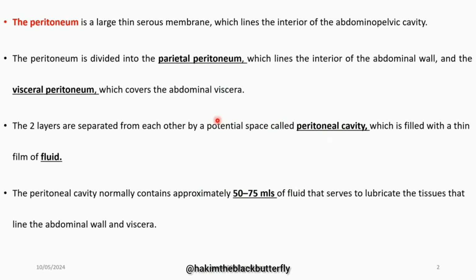It's called a potential space. Why is it called a potential space? Anyone to tell us? In your reference textbooks, you always see that term, potential space. What does that term mean?